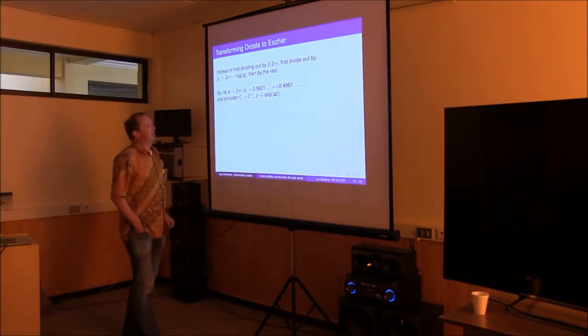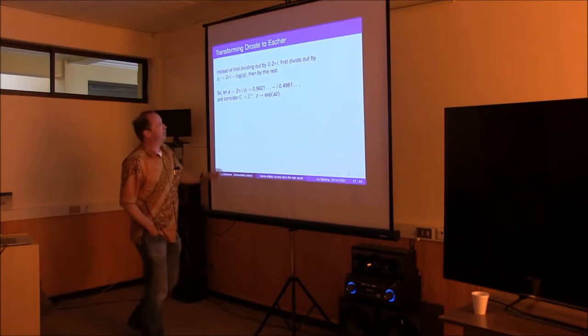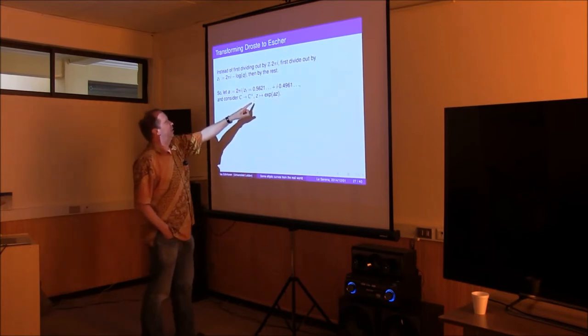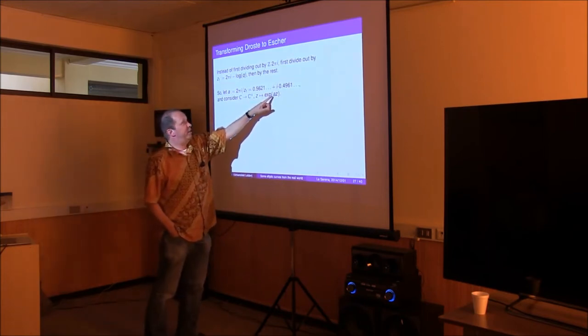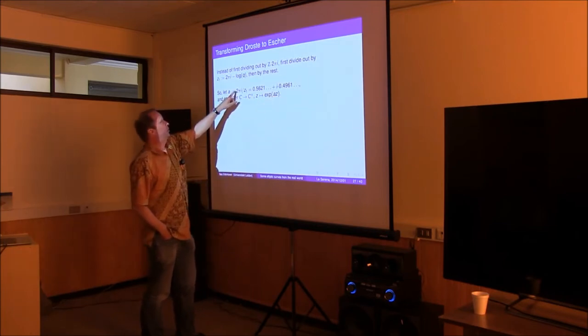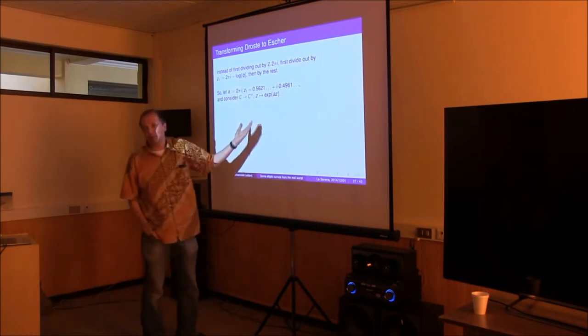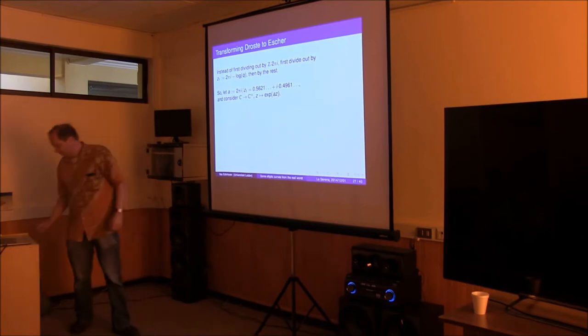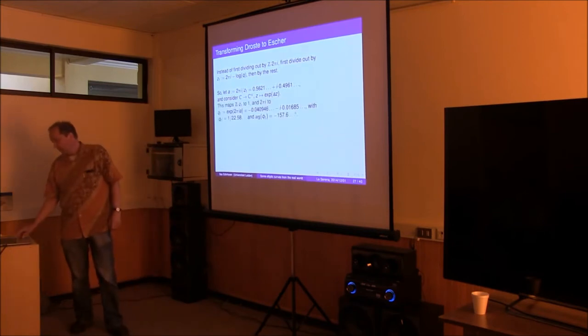Because if I consider z plus z1, then I get exp of a times z1, but a times z1 is 2 pi i, that is again 1. If you take that map, then you get precisely the picture that Escher made.